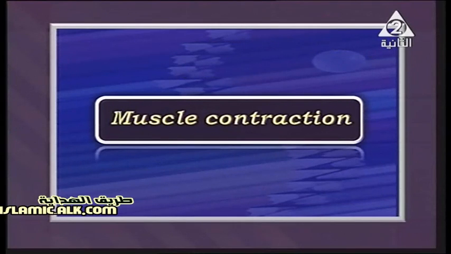After that, we need to know muscle contraction: how the muscle contracts inside your body. I'm talking about the mechanism of contraction inside your body. Just focus here because we have dozens of pieces of information about this part.